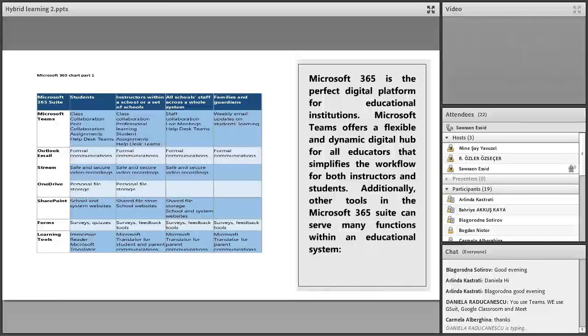For example, the Tunisian government has bought the license from Microsoft, so we all have access to Microsoft 365.